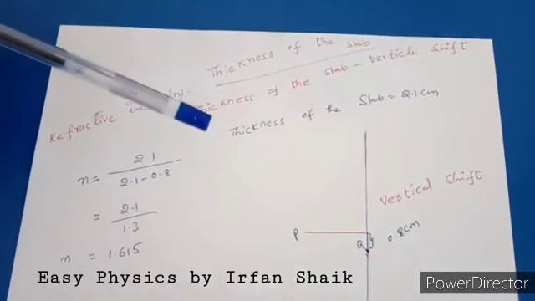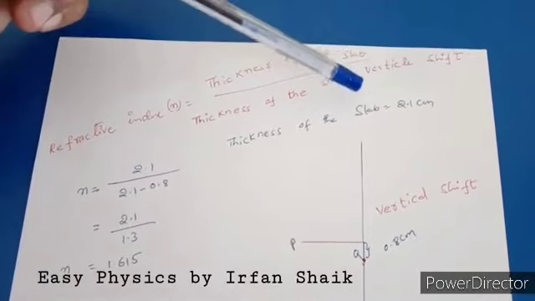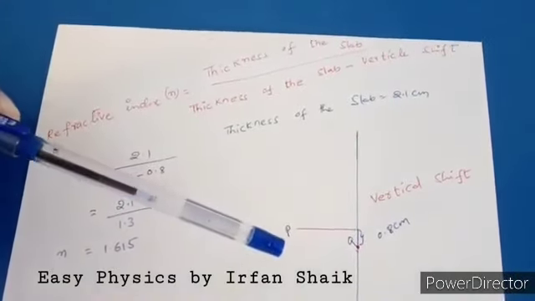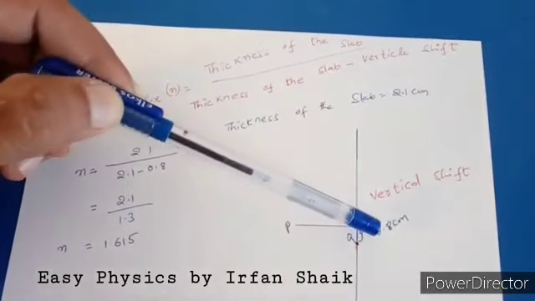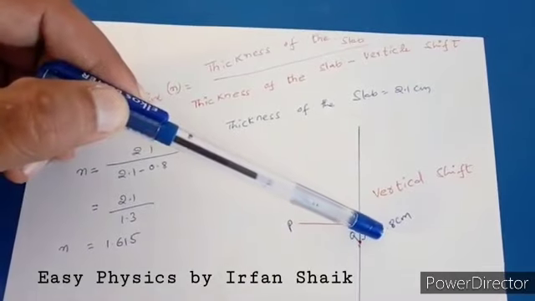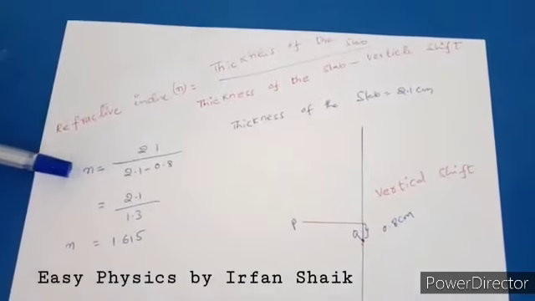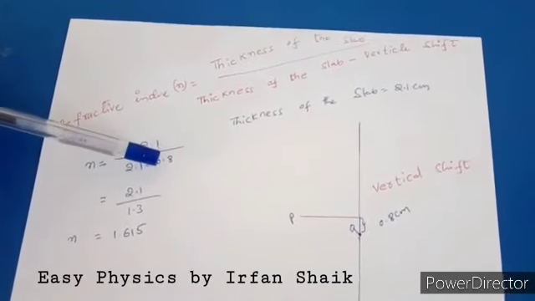We have measured the thickness of the slab, that is 2.1 centimeters, and we have experimentally calculated the vertical shift of this glass slab, which is 0.8 centimeters. By substituting all these values in this formula, we get n equals 2.1 divided by 2.1 minus 0.8.